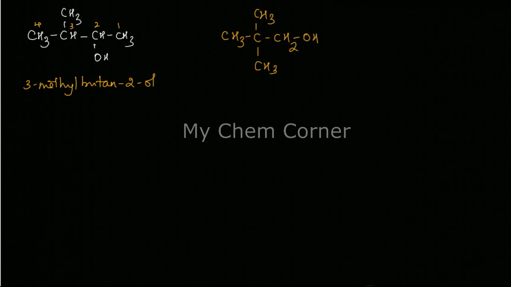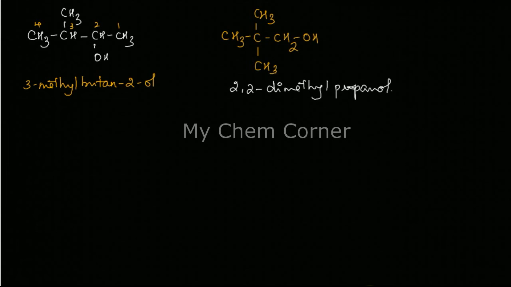Now when I try to name this particular molecule, this will become 2,2-dimethylpropanol. Okay, so this is going to be the last one where I have a 3 carbon chain.